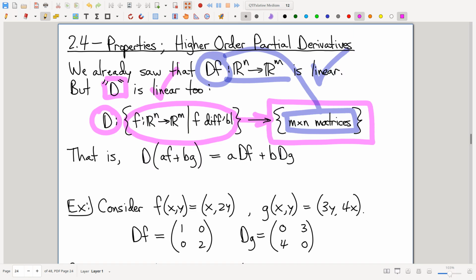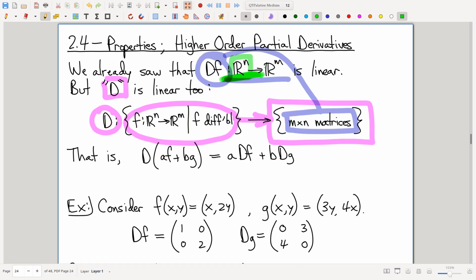I'm going to give you an example in just a second. First, let me wave my hands at a particular detail of this, keeping in mind that df goes from Rn to Rm. The domain of df is Rn, vectors in Rn. And so when we say df is linear, what I mean is if you take a linear combination in Rn, then something nice happens.